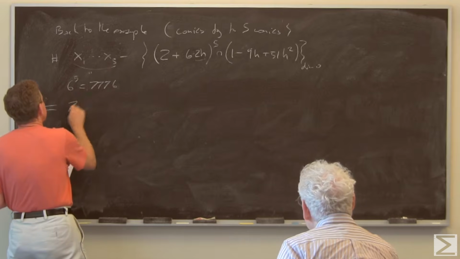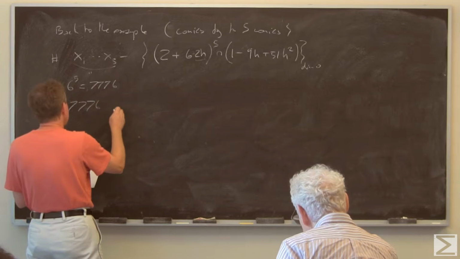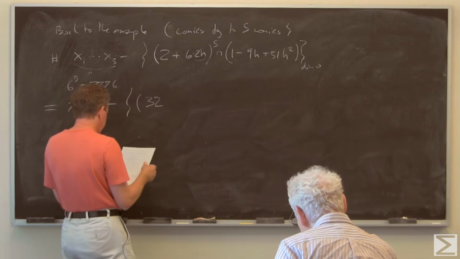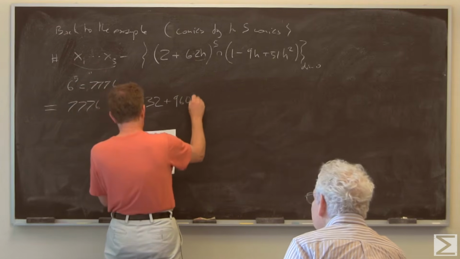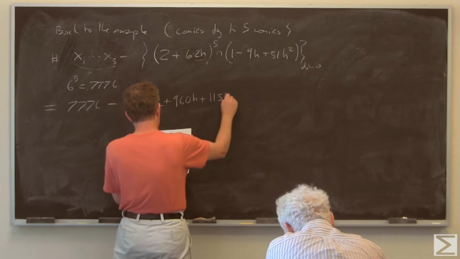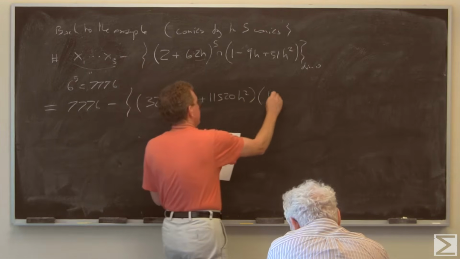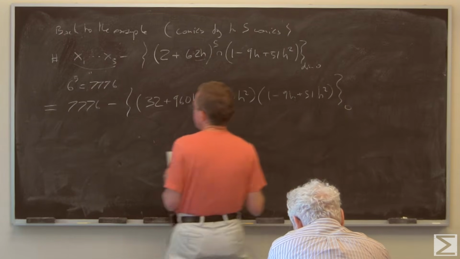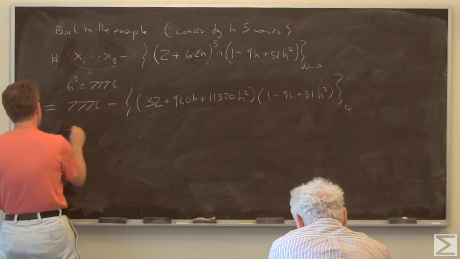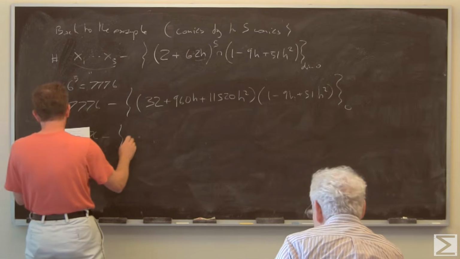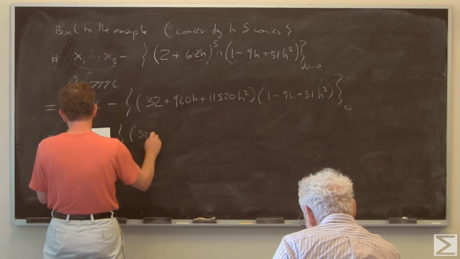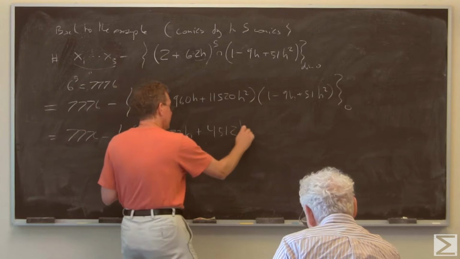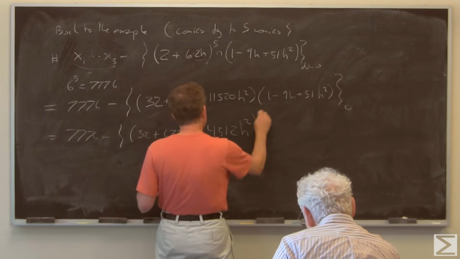Let me just show you how it works out, because I like numbers. I like big numbers. This is 2 to the 5th, I may remember. The other terms I don't remember. These are maybe not worth going to such length for this, but this is what it turns out to be: 4512 h squared in dimension 0.